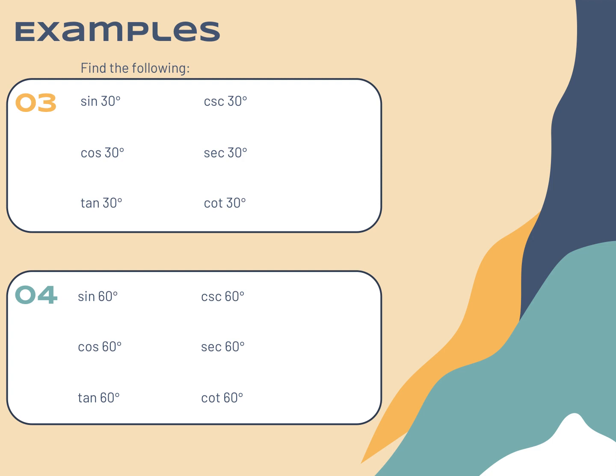They had to use their special right triangles. So I'm going to draw a special right triangle for these 6 questions, and label it with the 60, the 30, and put in the numbers. Across from 30 is 1, across from 60 is square root 3, and the hypotenuse is 2.